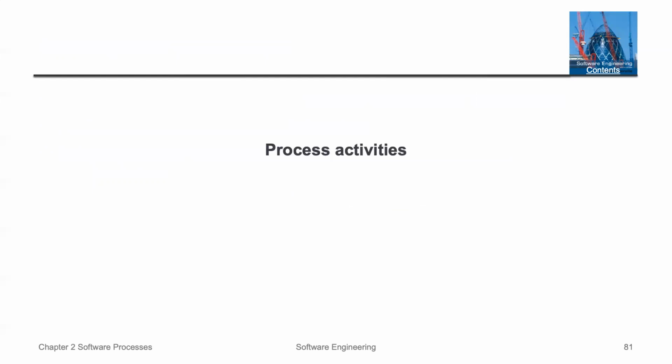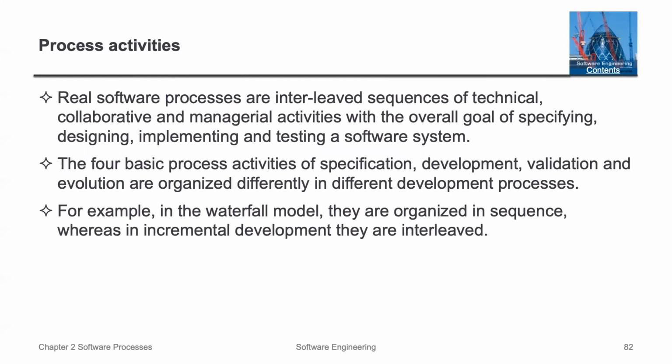So let's talk next about process activities. And so process activities are real software processes that we see that are interleaved sequences of technical, collaborative, and managerial activities with the overall goal of specifying, designing, implementing, and testing a software system.